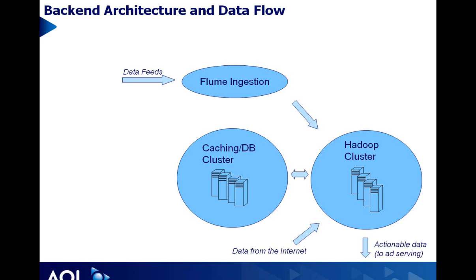Now, over time, your business requirements and expectations tend to increase, and the number of Hadoop jobs and workflows also increase. Their complexity increases, and to facilitate faster pipeline completion, we introduced a caching cluster, initially with Memcache, later with Membase, and we'll talk about some of the specific use cases shortly.